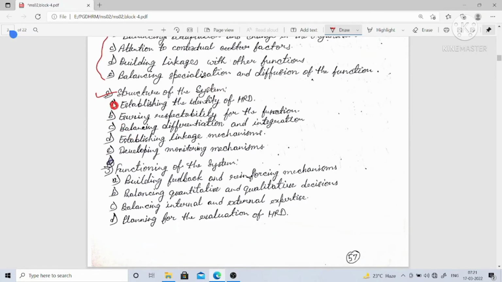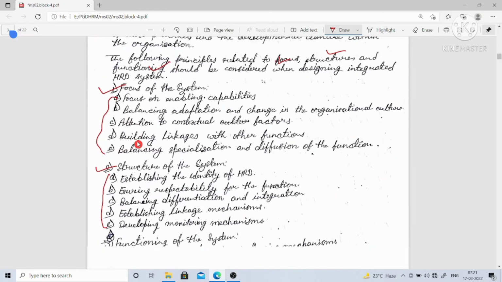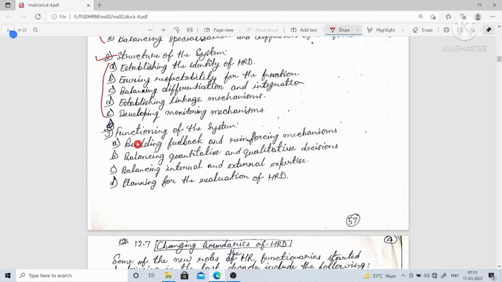And third kind of principle is related to functioning of the system, that is how the system should function. So how should the system function? For that, following are the principles. A given, building feedback and reinforcing mechanisms.